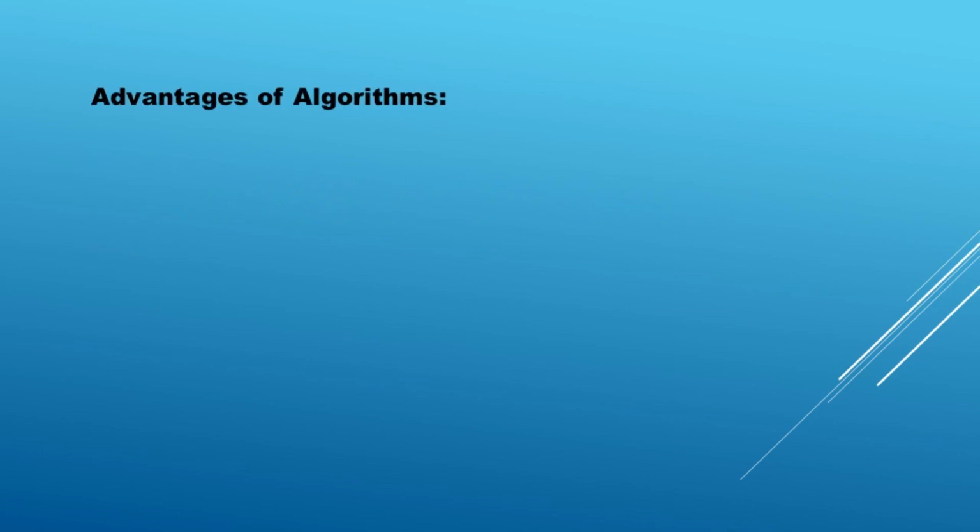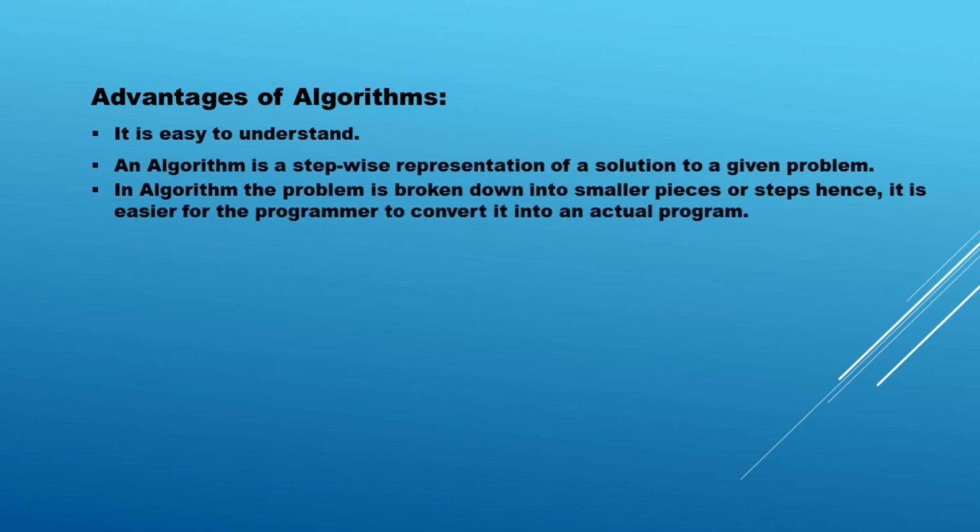Let's talk about the advantages of algorithms. It is easy to understand. An algorithm is a stepwise representation of a solution to a given problem. In an algorithm, the problem is broken down into smaller pieces or steps. Hence, it is easier for the programmer to convert it into an actual program.